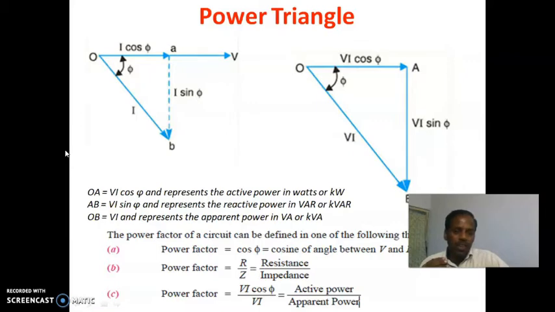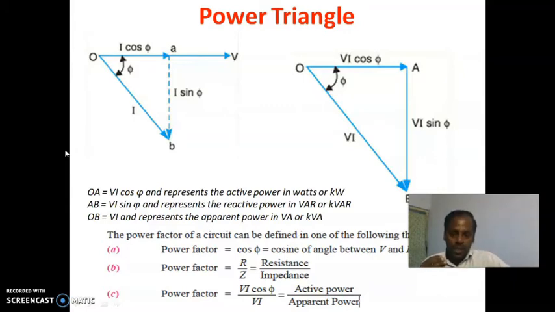That is, the power used as mechanical energy or electric energy is called the active power or real power. This power is equal to VI cos phi, where V is the RMS value of voltage, I is the RMS value of current, and cos phi is the cosine of the power factor angle. The power factor angle is the angle between voltage and current.